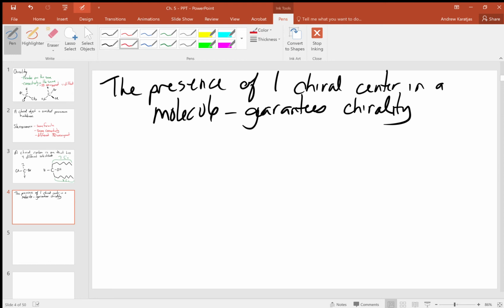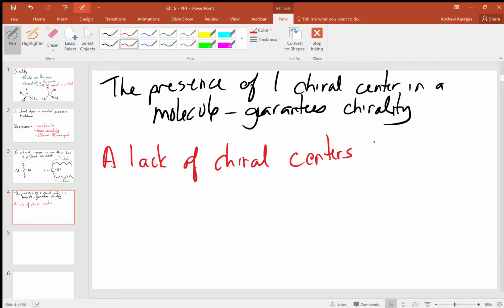But interestingly, a lack of chiral centers does not guarantee an achiral molecule.